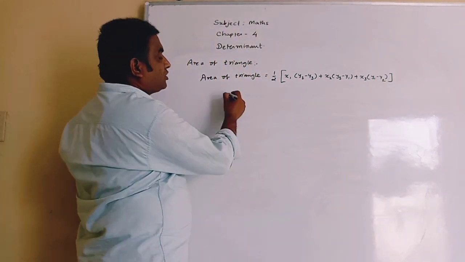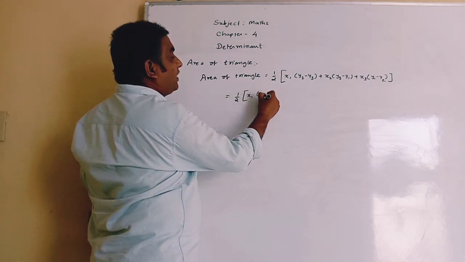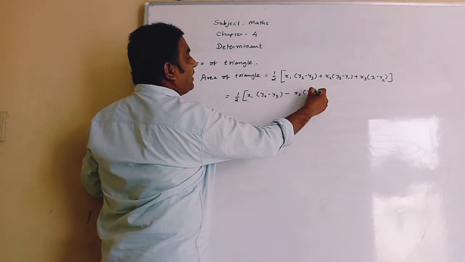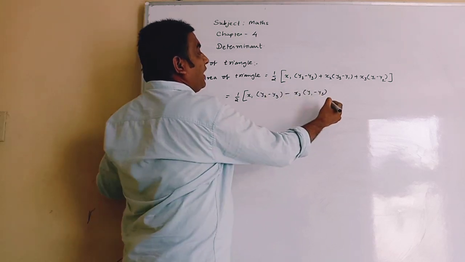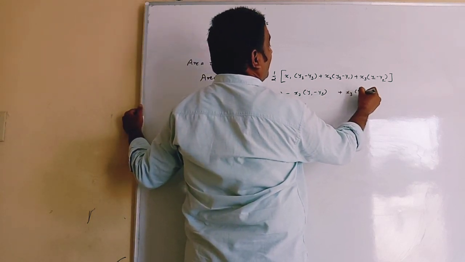So this formula can also be written as 1 by 2 [x1 (y2 minus y3) minus x2 (y1 minus y3) and x3 (y1 minus y2)].